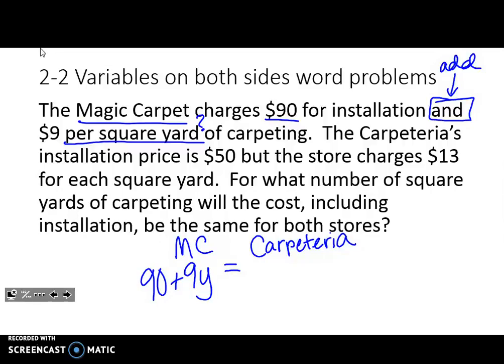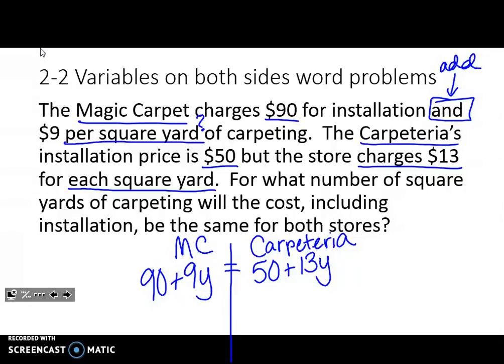It's being multiplied times the 9. For the Carpeteria's, they charge $50 per installation, and they also charge $13 for each square yard. So plus $13 per square yard.